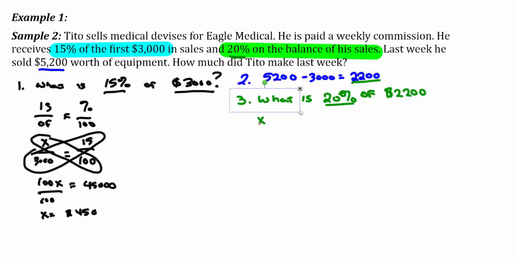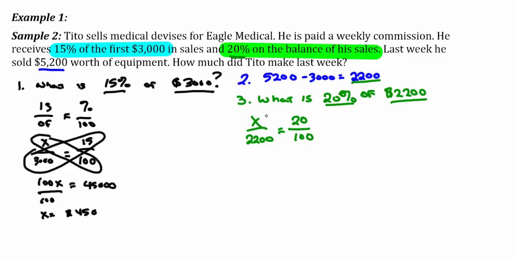It's the unknown x. The of is going to be $2,200. Let me go ahead and erase that, make it a little clearer. Equals the percent, which is 20 over 100.